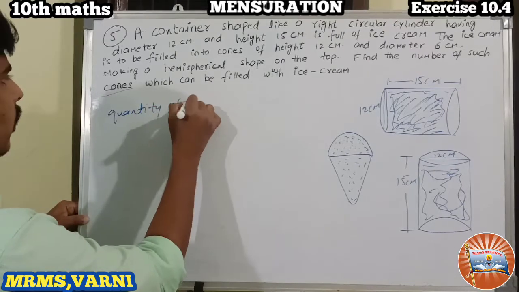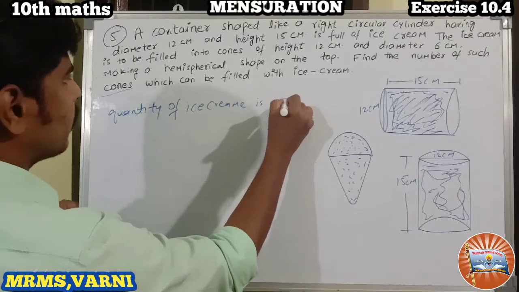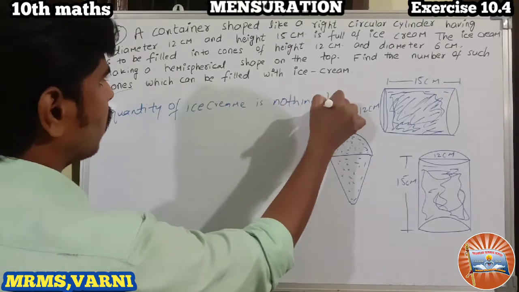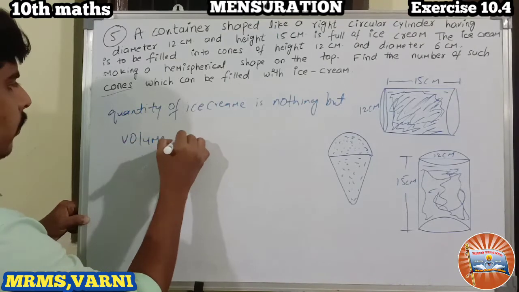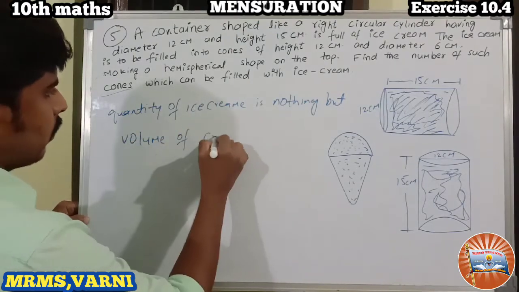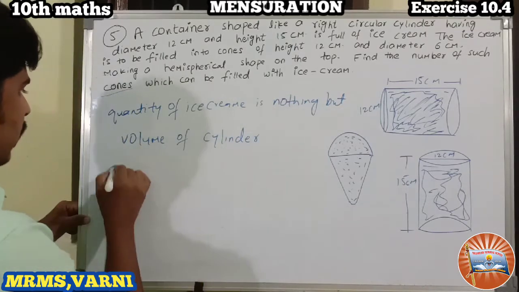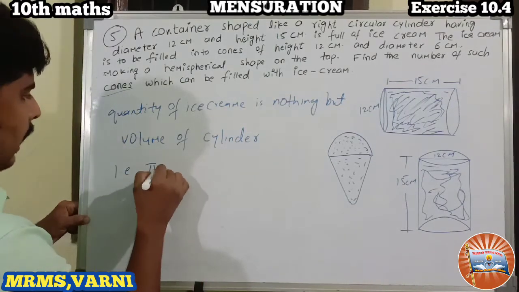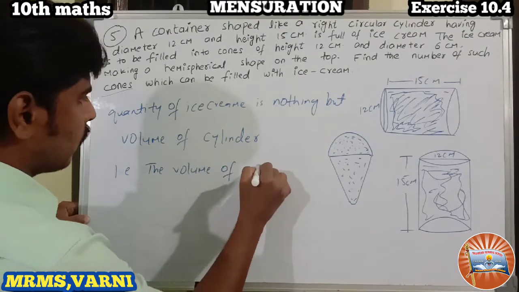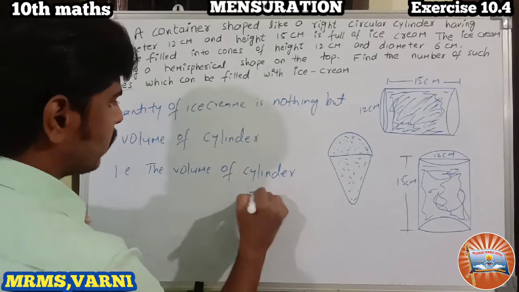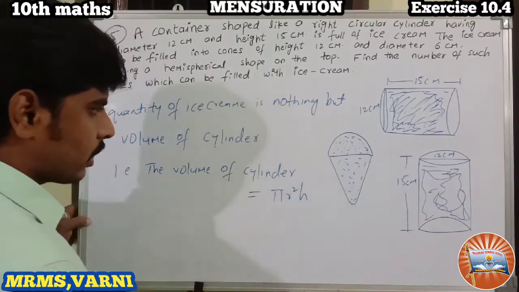Volume of cylinder is equal to pi r square h.